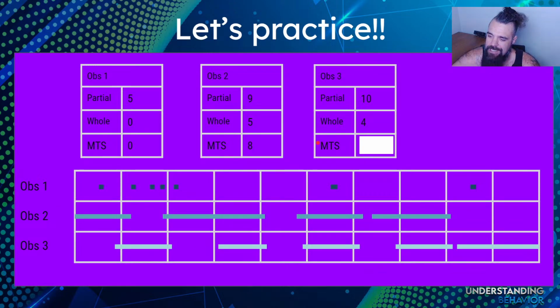Perfect. Let's look at observation 3 now. How many intervals are we going to mark as an occurrence?